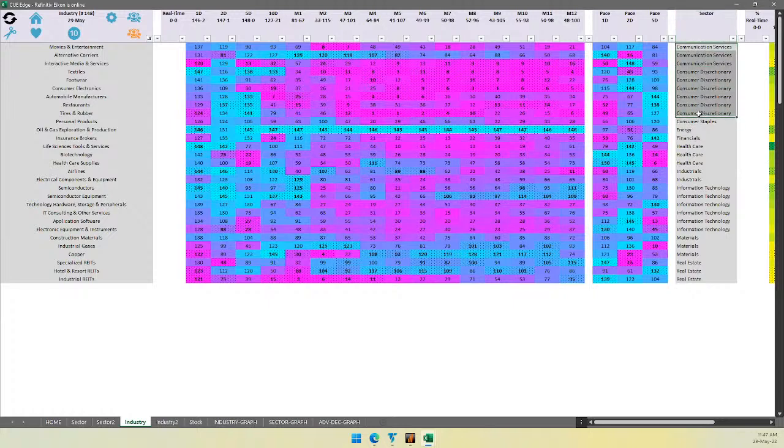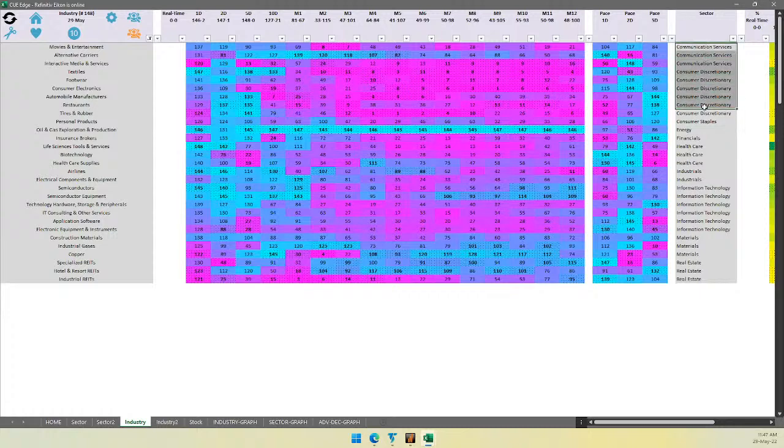They are in communication services, many in consumer discretionary, several in healthcare, and also many in information technology, also materials. Some are in defensive sectors also, real estate, consumer staples. So let me focus on the non-defensive sectors here.